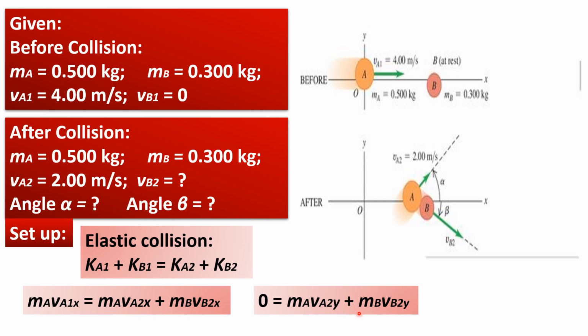The product of m sub A multiplied by v sub A2y represents the momentum of particle A just after it collides with particle B. And for particle B, the momentum after collision is expressed as the product of its mass m sub B and its velocity after the collision, labeled as v sub B2y. So these are the concepts that we are going to apply. In a little while, we will see how we go through with our calculations.